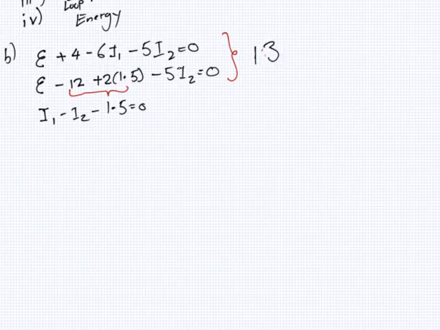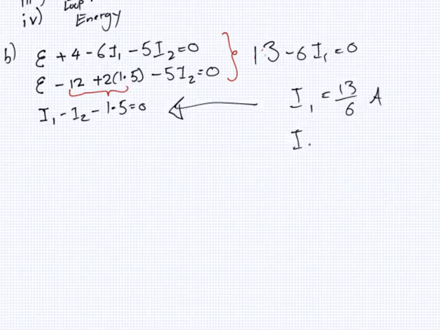These will cancel. I'll have 13 minus 6I1 equals 0. So I1 equals 13 over 6 amps. When I put that in there, I can get my I2. So I2 equals 23 over 2 amps.